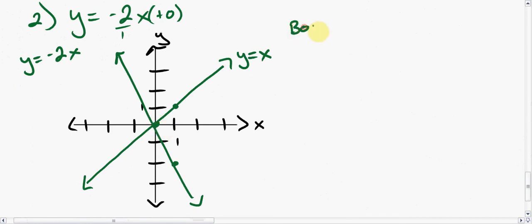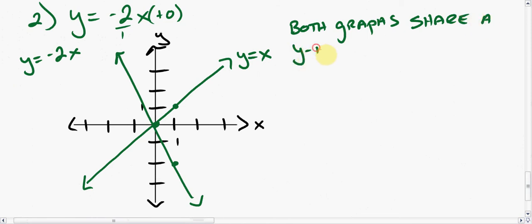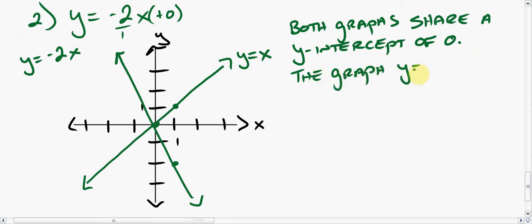So I'm going to say both graphs share a y-intercept of 0, and the graph y equals negative 2x has a slope of what?